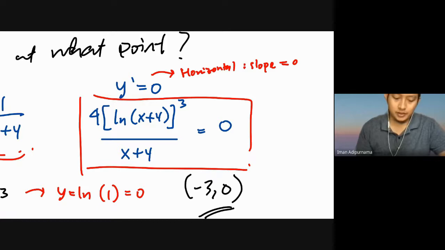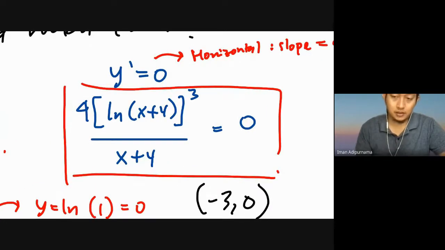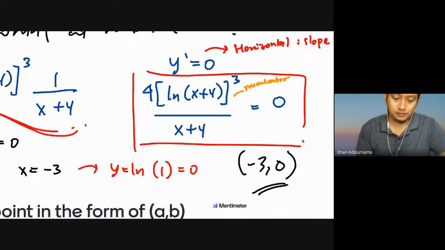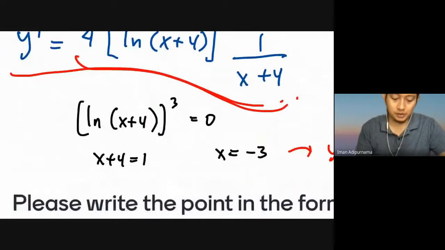Okay, by doing this, the one that makes the whole equation become 0 is the numerator, right? This is the numerator. So we can focus on the ln x plus 4, okay? So we can take this ln (x plus 4) cubed equals 0.